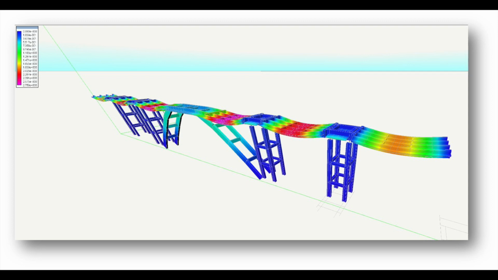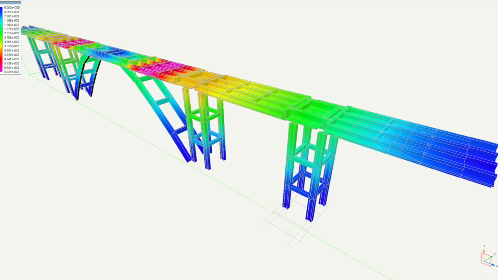This second picture, instead, is a deformation induced by the permanent load. These two pictures represent the deformation under seismic action.